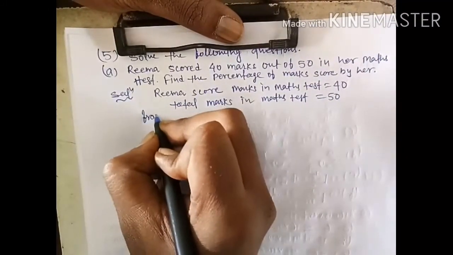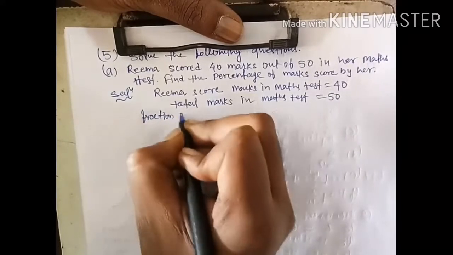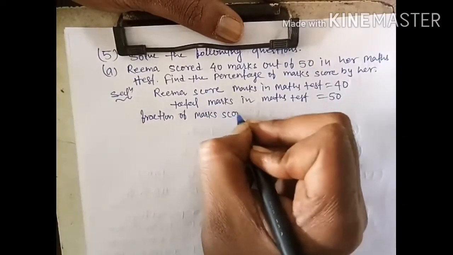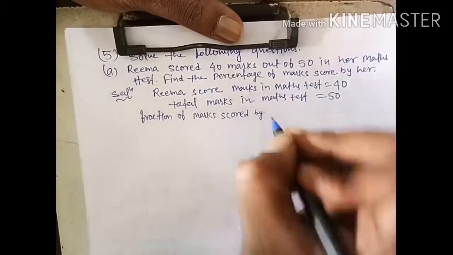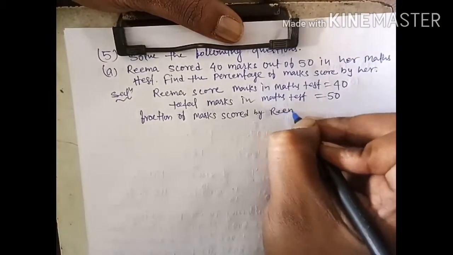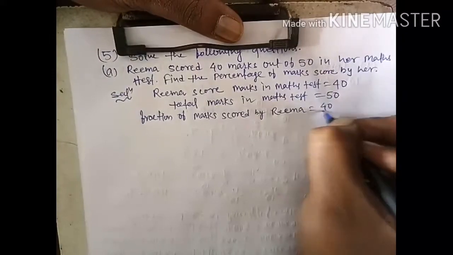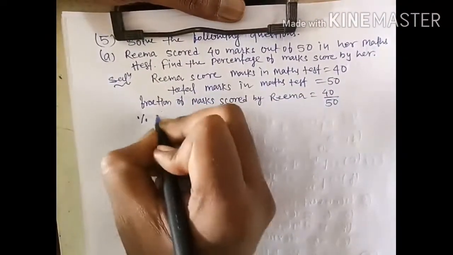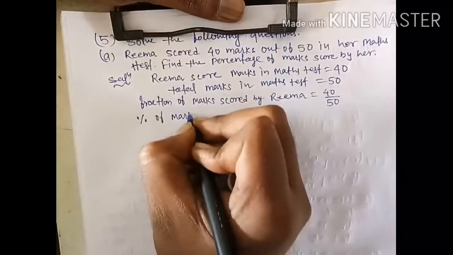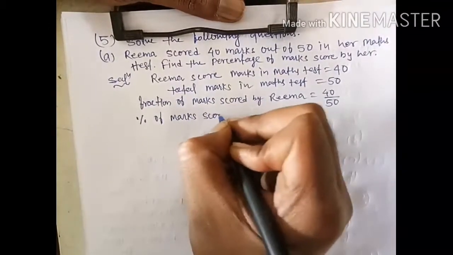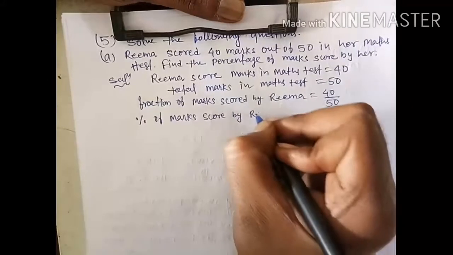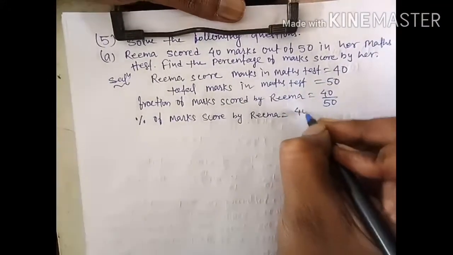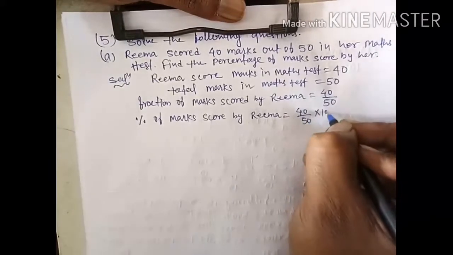Fraction of marks scored by Rima is equal to 40 by 50. Percentage of marks scored by Rima is equal to 40 by 50 into 100%.